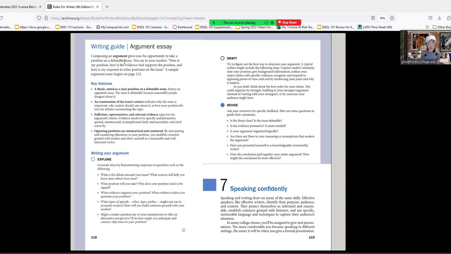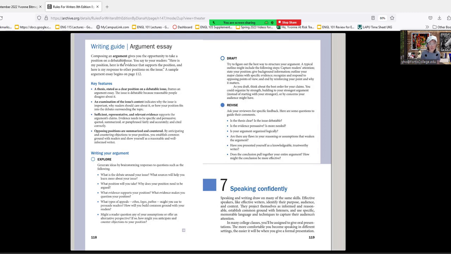And then when you write your rough draft, try to figure out the best way to structure your argument. A typical outline might include: capture your reader's attention with a good hook, state your position in your thesis statement, give background information, and that would be before your thesis statement. Outline your major claims for your body paragraphs with specific evidence.